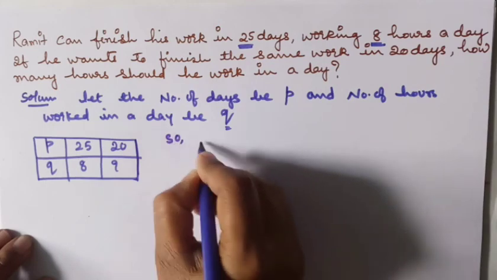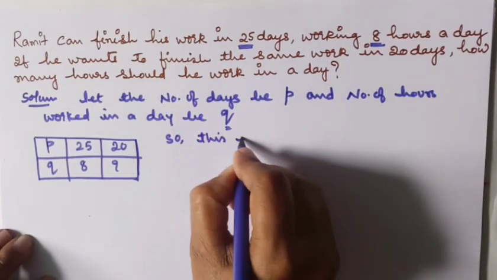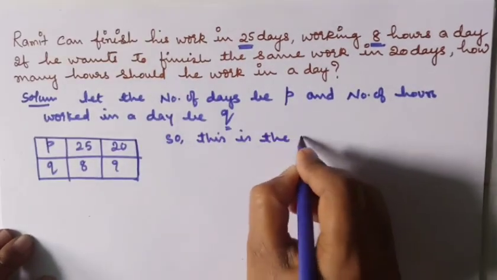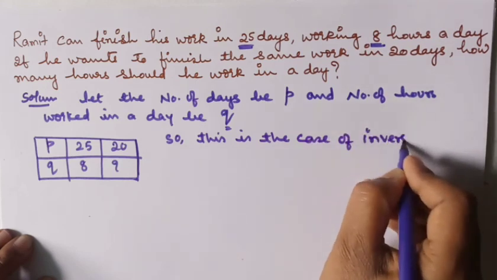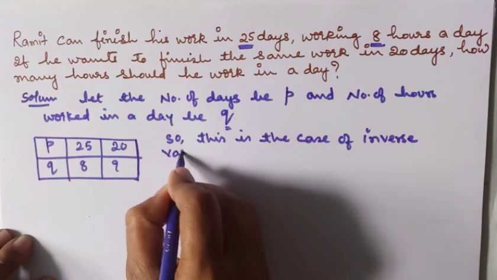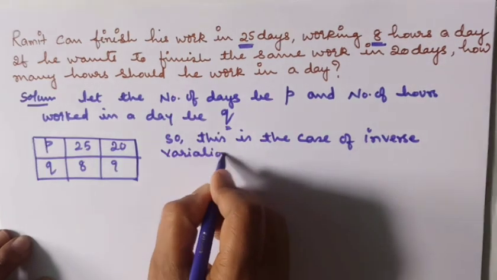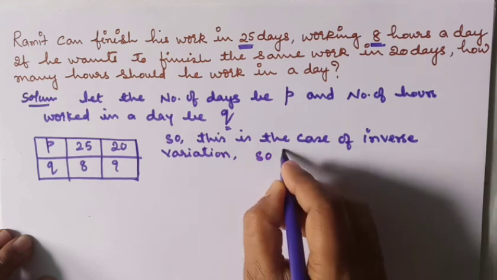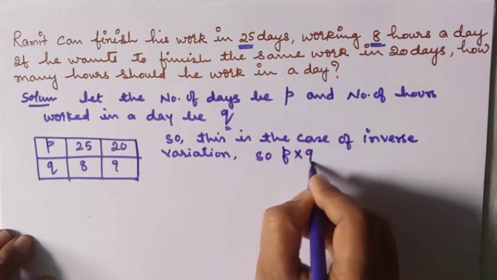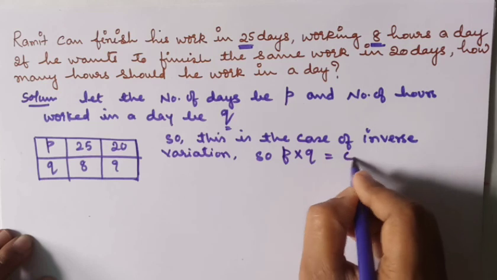So, this is the case of inverse variation. So friends, here P into Q is constant.